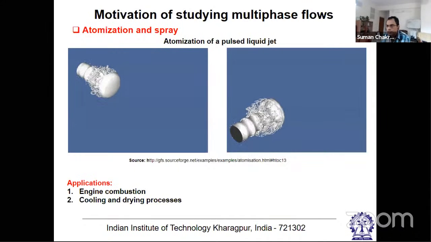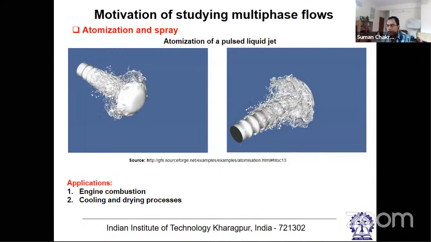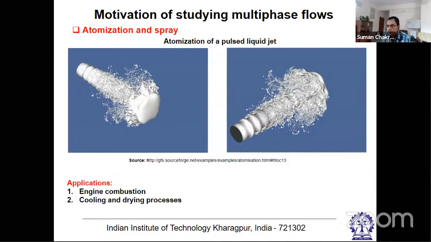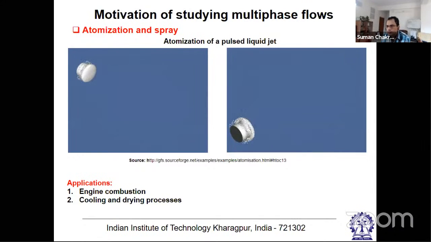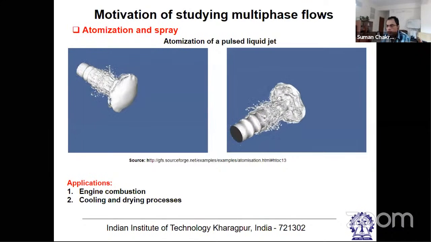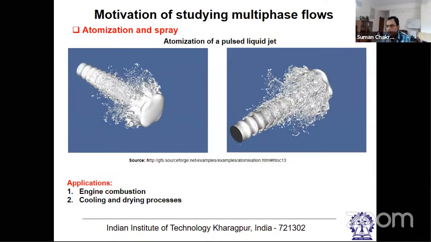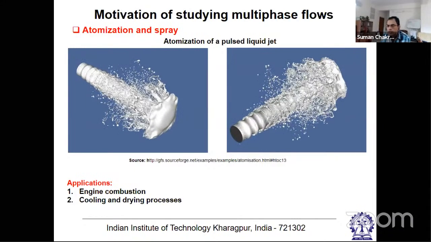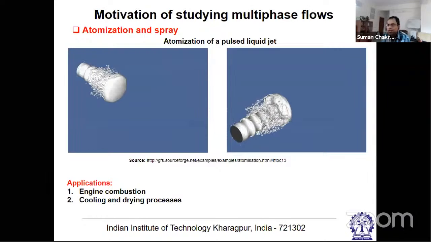More complex situations appear when we are talking about atomization and spray in combustion, and you can see here that in this atomization or spraying process, such small droplets are getting rapidly evolved and they are continuously breaking, coalescing, etc. It is very, very challenging to capture their detailed dynamics.